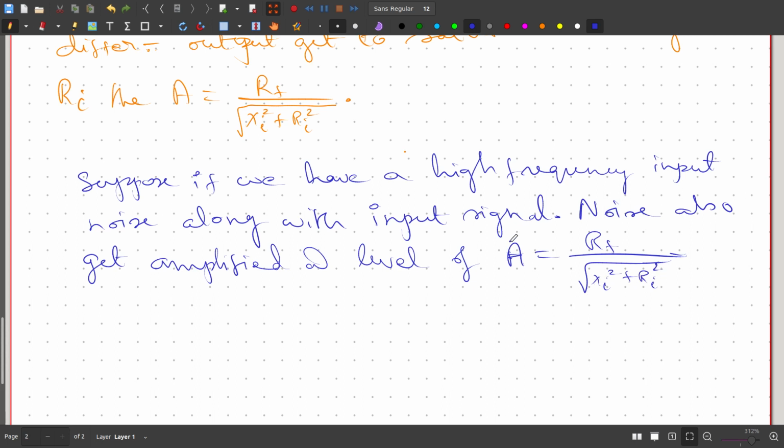So the gain for the noise can be reduced only by reducing Rf, since there is a direct relation. But if we reduce Rf, it also affects the gain of the signal.